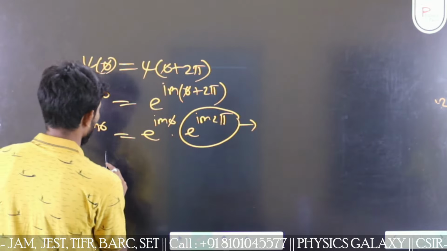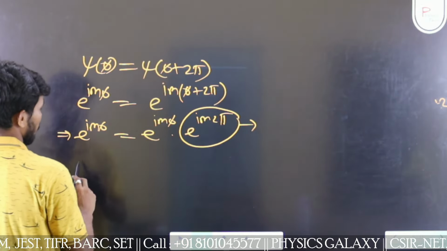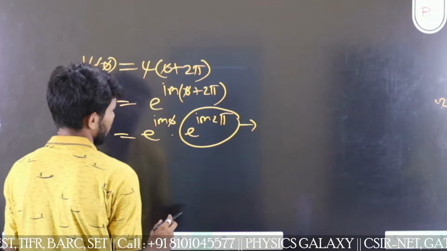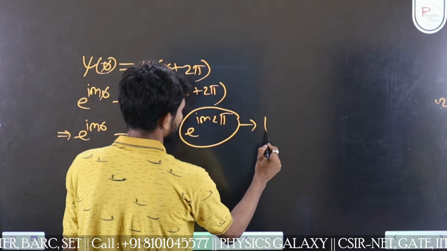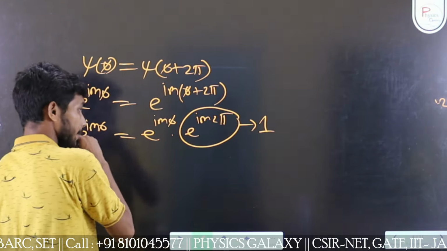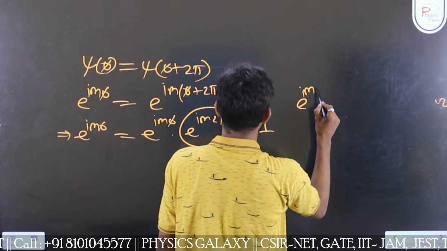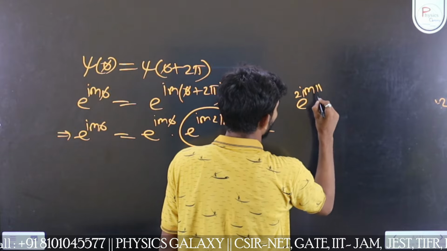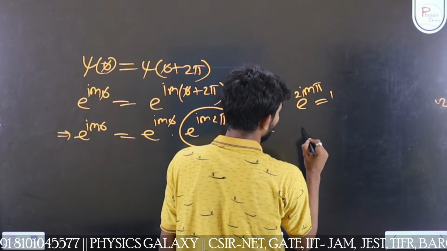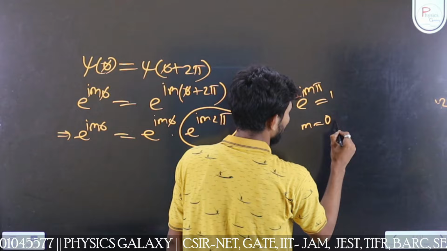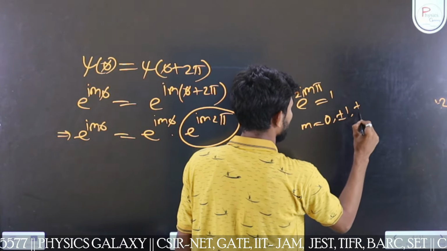The left hand side and the right hand side will be equal if this term is equal to 1, so e to the power i m 2 pi is equal to 1. That means m can take values 0, plus minus 1, plus minus 2.